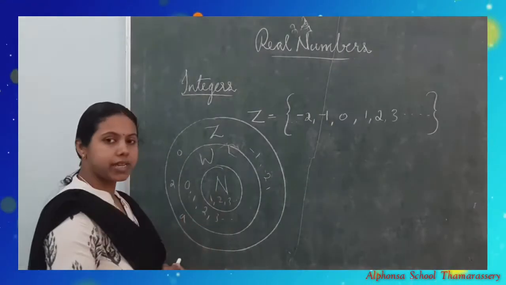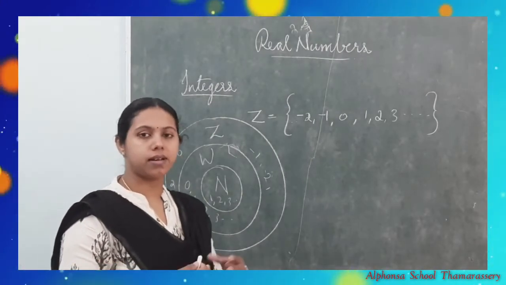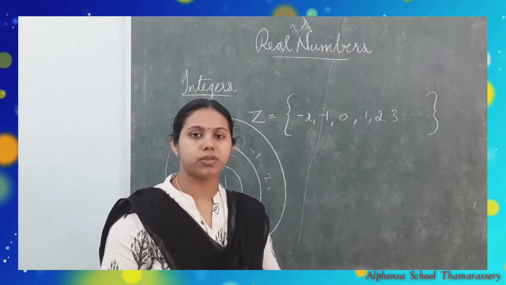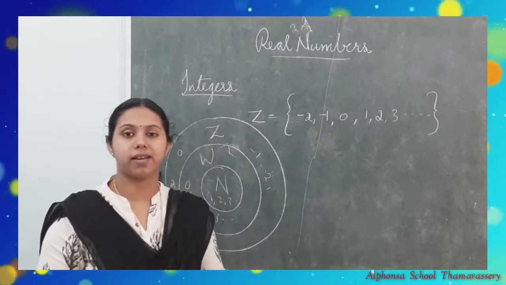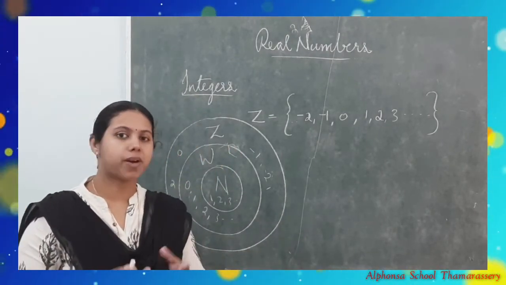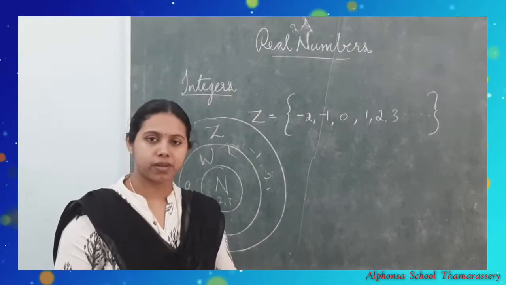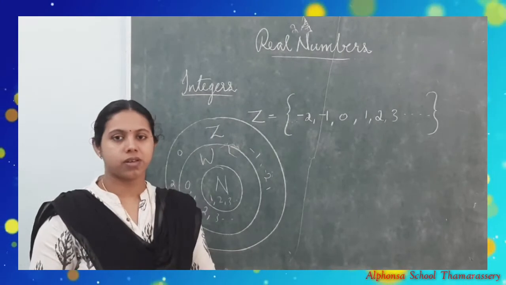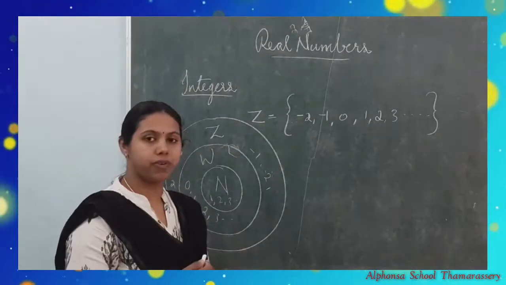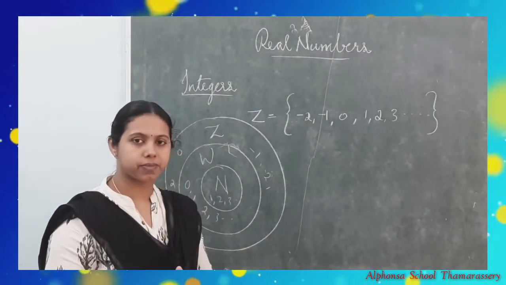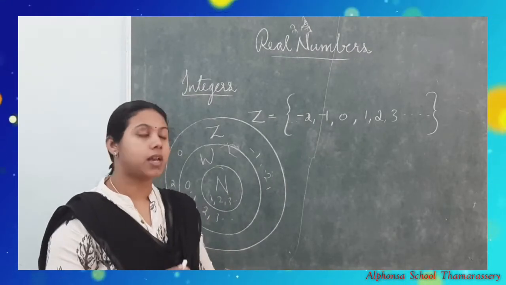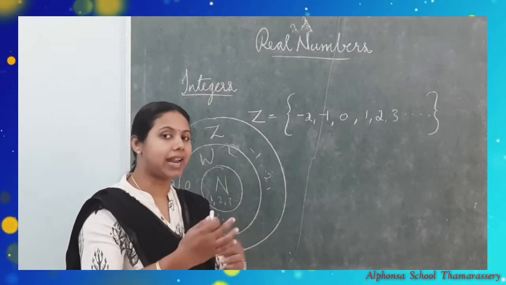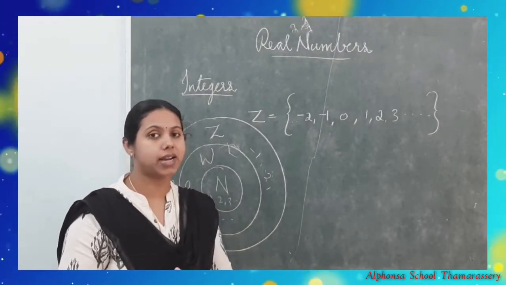Then you can also see some more numbers on the number line, like 1 by 2, 3 by 4, 0.5, 0.25. Such numbers are left out; those are the fractions and decimals. That group is not integers. That is another set of numbers, and those numbers are also included in this group. So we will get another set, that is rational numbers.